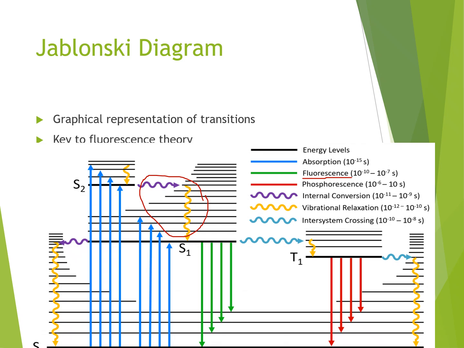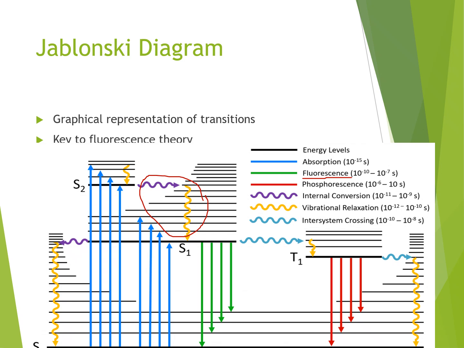When it comes to this state, the fluorescence process will occur, and the system remains the same, from singlet to singlet state. It is an immediate process, and emission of light occurs in 10 raised to minus 10 to 10 raised to minus 7 seconds.